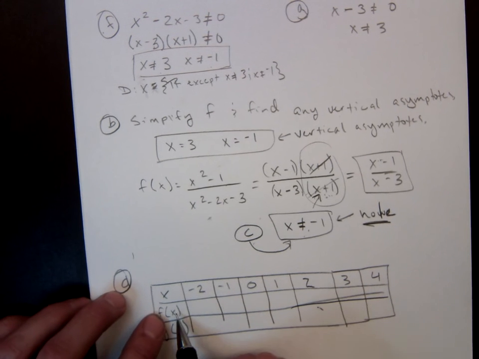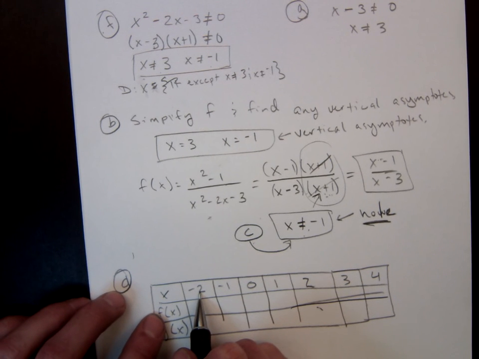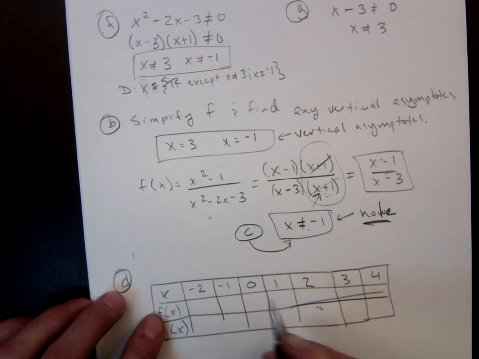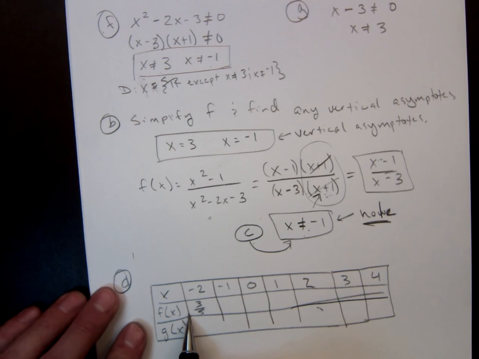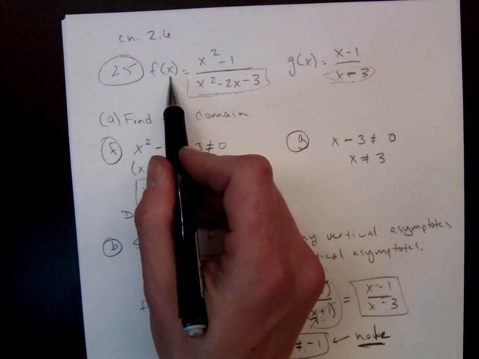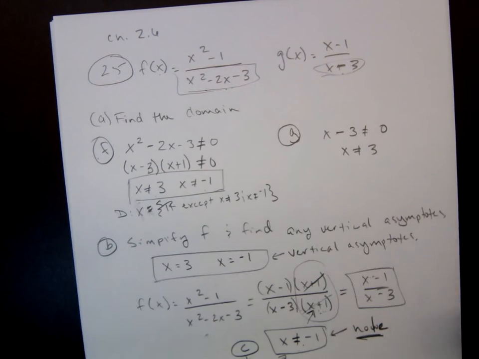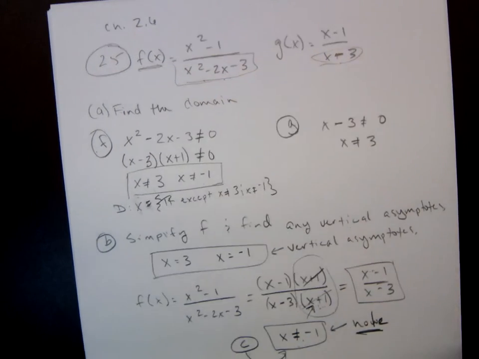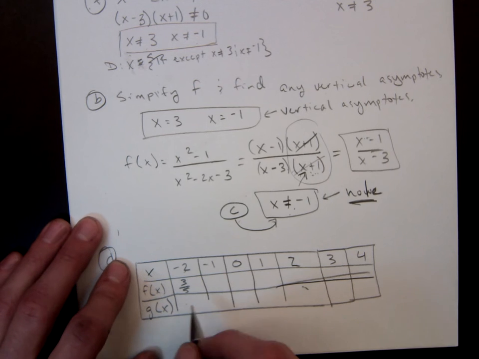Now f of x at -2, you would just plug in, and for this particular function you would get 3 over 5. I'm not going to go over this, but you take -2, you plug it in for all of your x's, and you see what the output is. And for g of x, you would do the same thing, and you would get 3 over 5 as well.